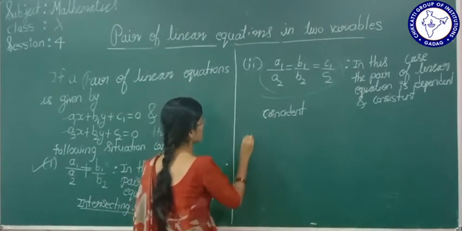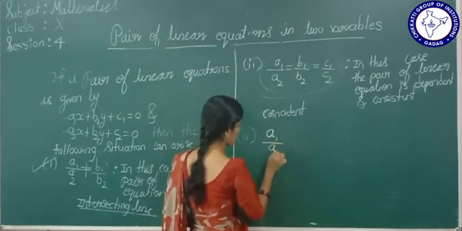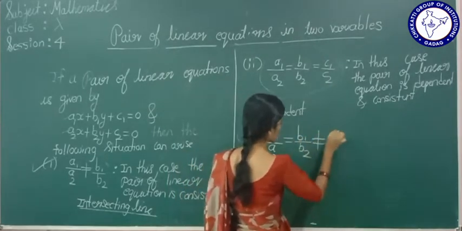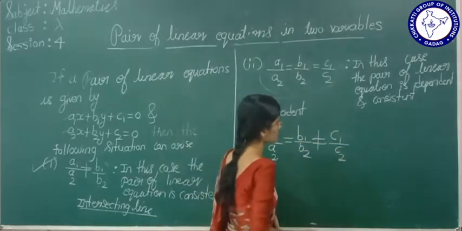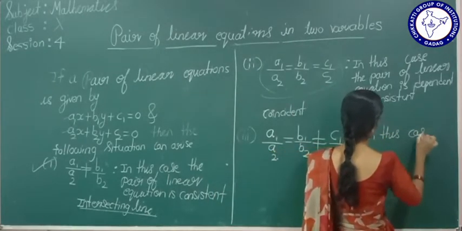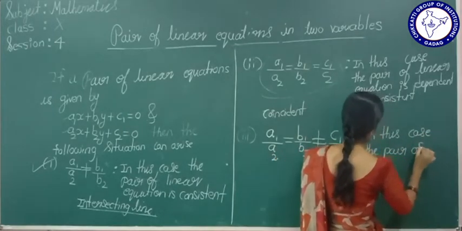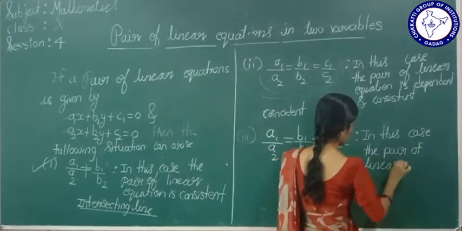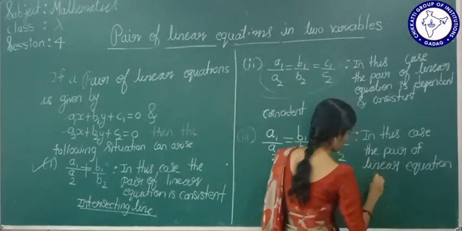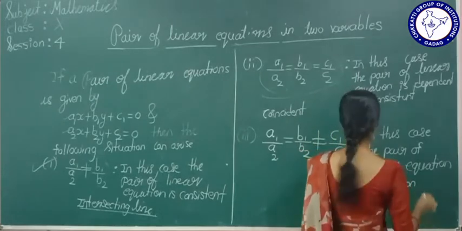Third one: if a1 by a2 is equal to b1 by b2 is not equal to c1 by c2, in this case the pair of linear equations is inconsistent.